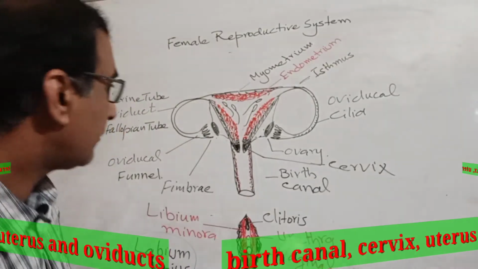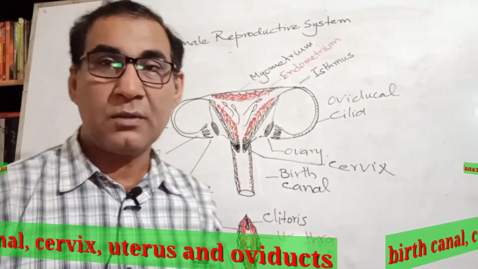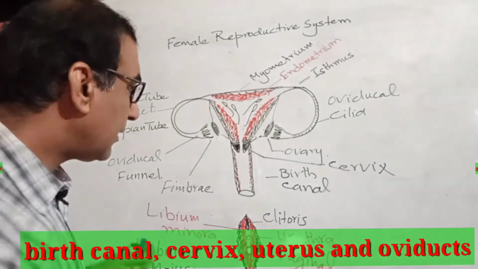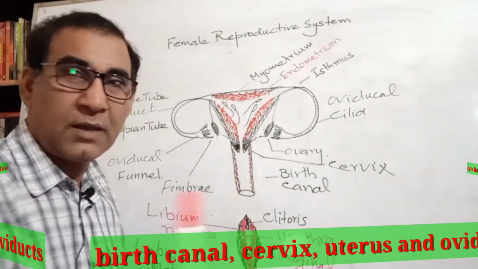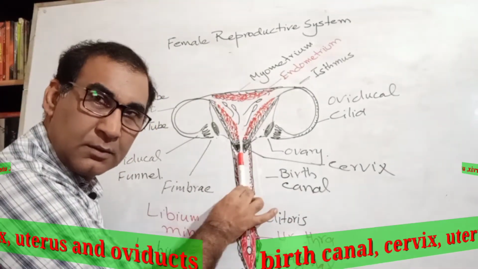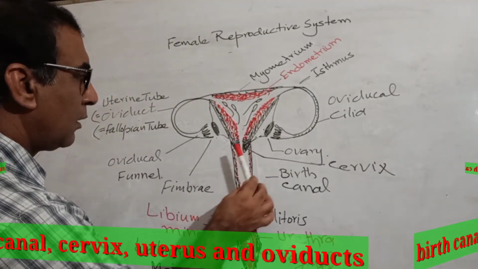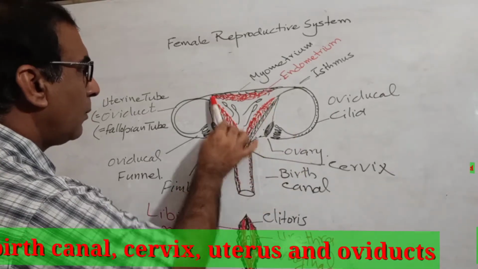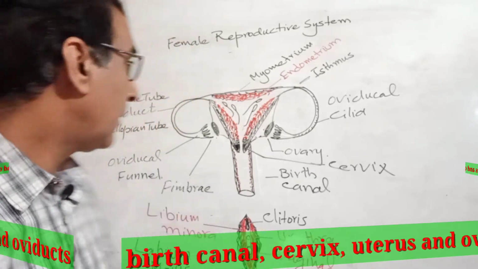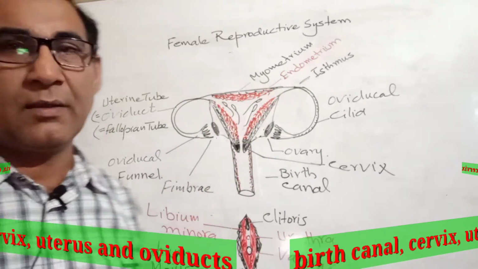During copulation or intercourse, the penis can be inserted up to here. If you suppose this is the penis, it can be inserted up to here. Sorry, this is the body of the uterus. The uterus consists of two major layers.